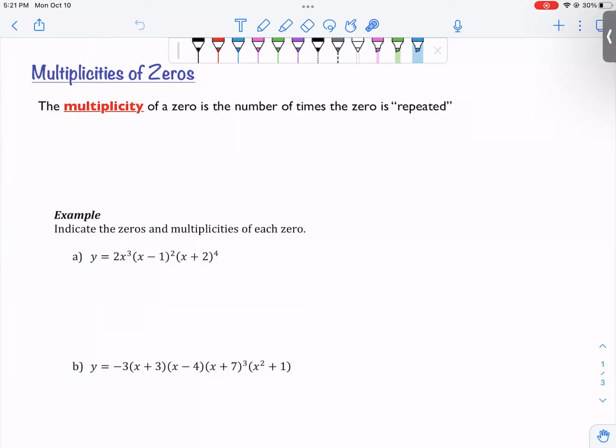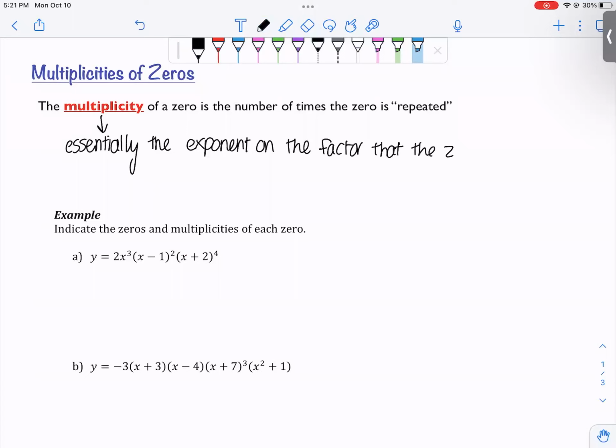And essentially that means the exponent on the factor that the zero came from. So let's do a few examples here, talking about the multiplicities.